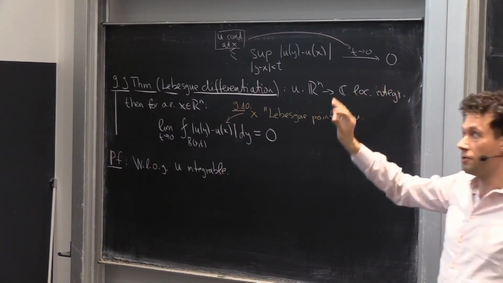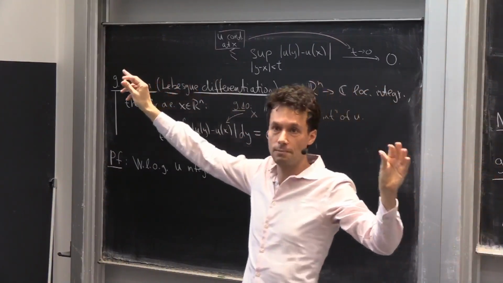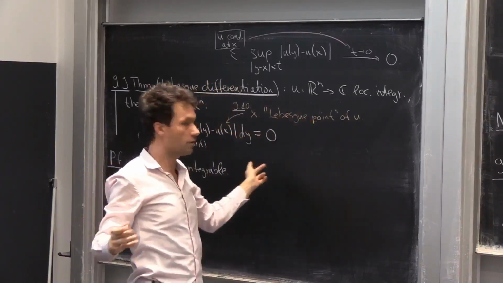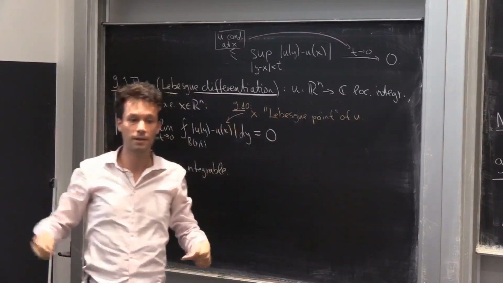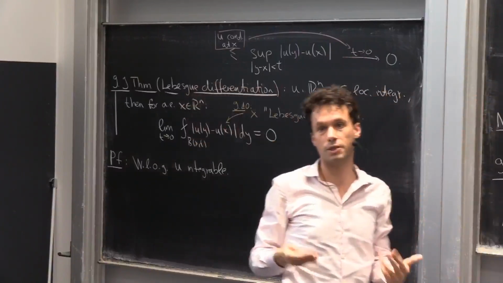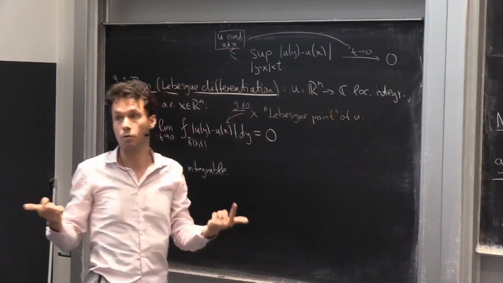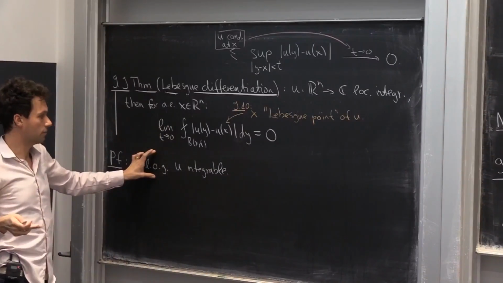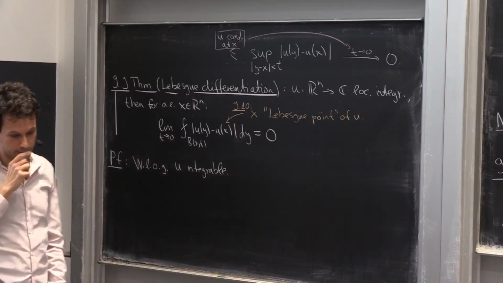So what happens for u outside of that window is completely irrelevant for what happens at my finger. If u is not integrable, I just replace u by u multiplied by the indicator function of a huge ball on which I want to work, and then I prove it for all huge balls, and the claim localizes and it's all fine. So we're going to assume that u is integrable.